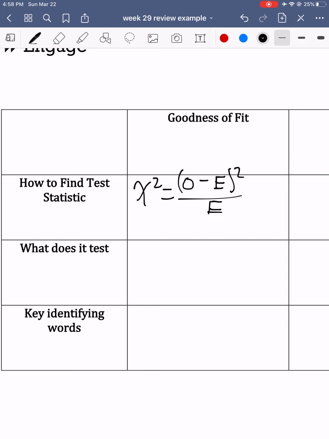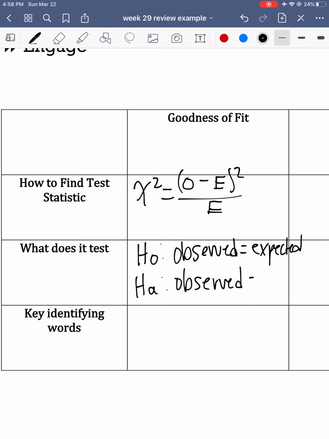Once we find this value, what exactly are we testing for? Most often our null hypothesis is that we have equality between our observed and our expected values. And then our alternate hypothesis is that the observed values are not equal to the expected.